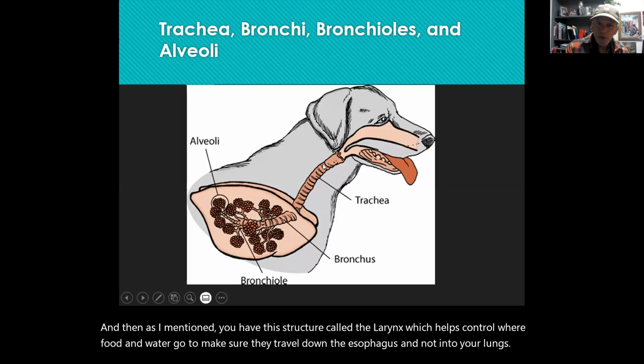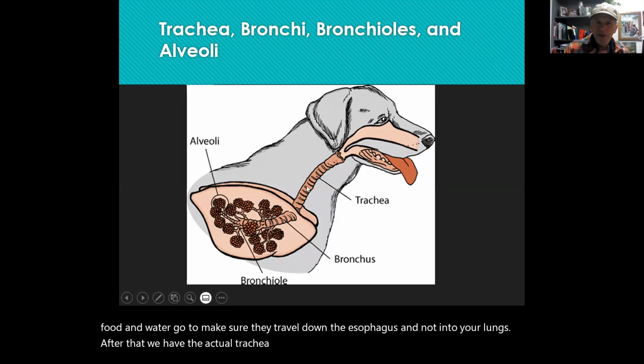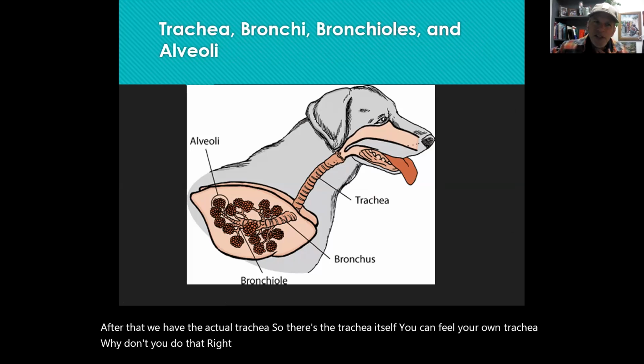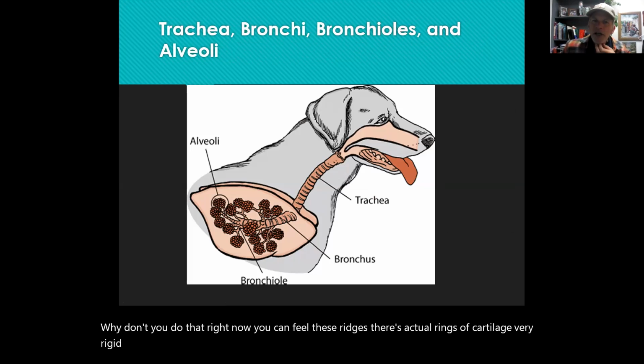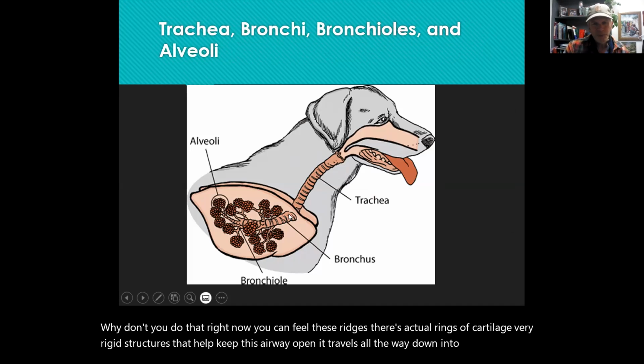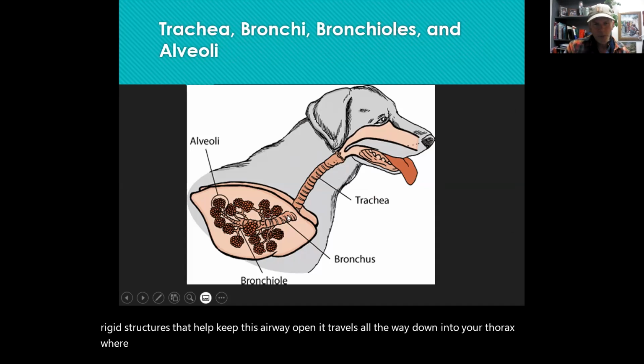After that, we have the actual trachea. So there's the trachea itself. You can feel your own trachea. So why don't you do that right now? You can feel these ridges. There's actual rings of cartilage, very rigid structures that help keep this airway open. It travels all the way down into your thorax, where it splits into bronchus.